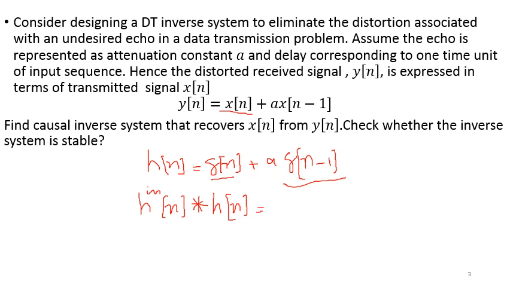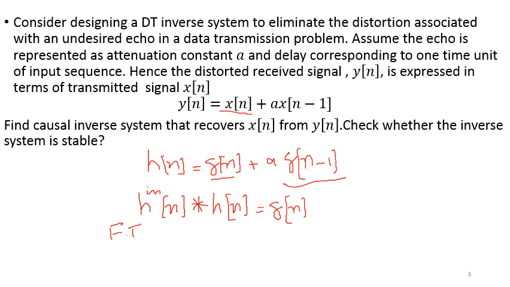So this is equal to impulse. And remember, this problem you have already done, but now we'll exploit the properties of the Fourier transform. So we take the Fourier transform of both sides.